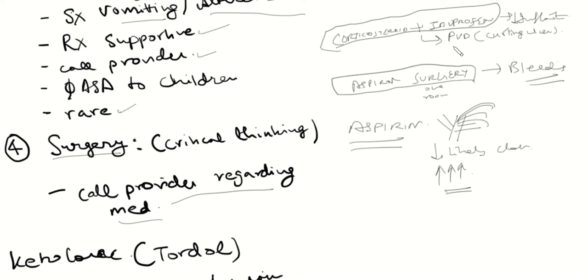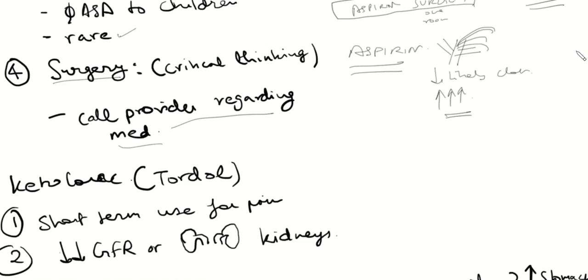And ibuprofen makes you bleed. Okay? And also causes GERD, increases acid. What does this give you? GI bleeding. See how we are starting to put two and two together? Excellent. This is amazing. That's essentially what critical thinking is.